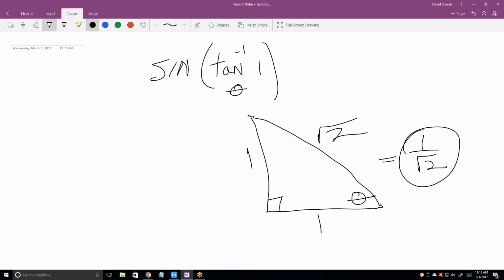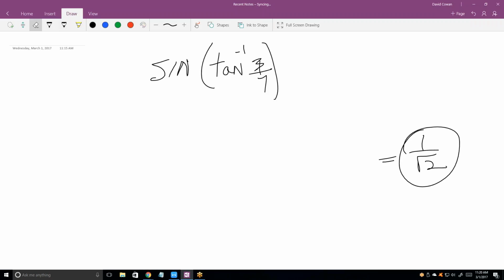Because sometimes, what if that was 3/7? Now, notice that if I make that 3/7 instead of 1, that's not going to be one of my 30, 60, or 45, 45 triangles.